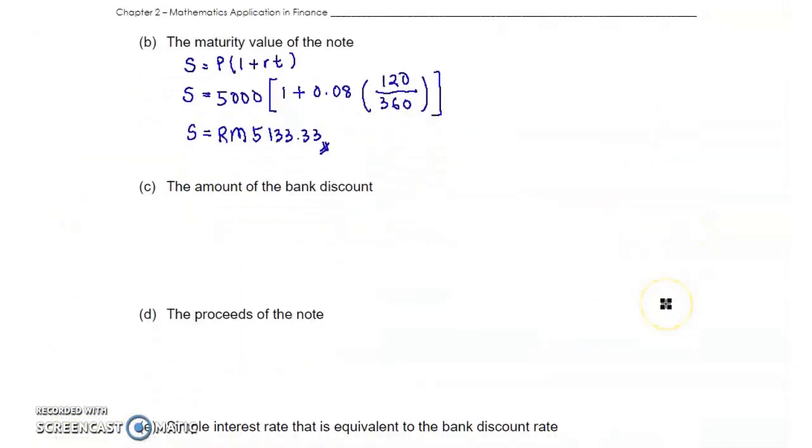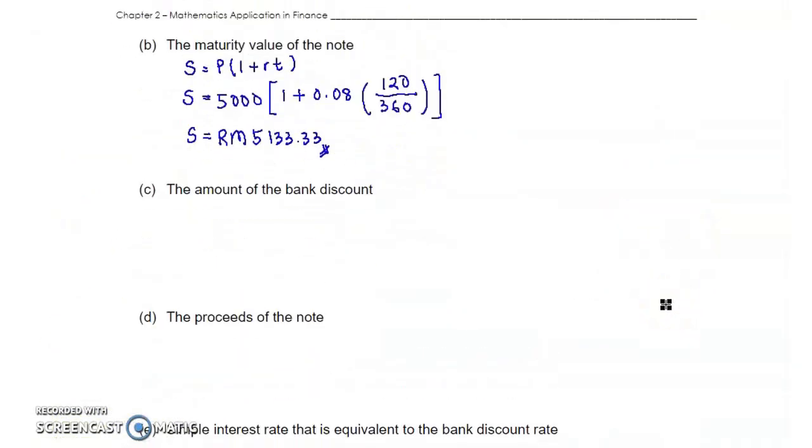Okay, look at question C. Find the amount of bank discount. So amount of bank discount is D equal to SDT. So D equal to S just now in B we get what? 5133.33. Discount rate just now is, okay, now look at here is RT. Here is DT.